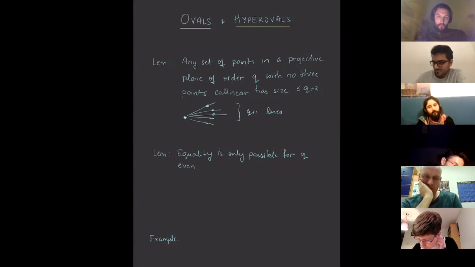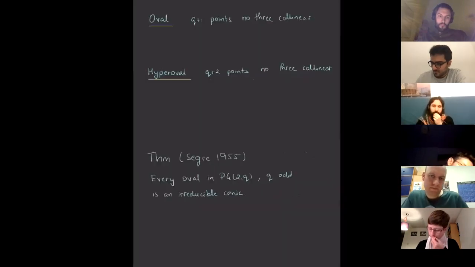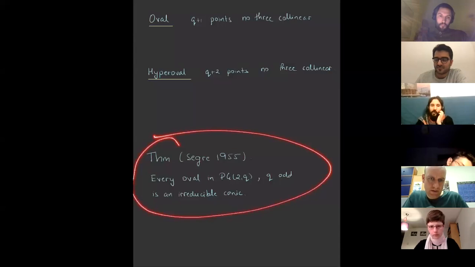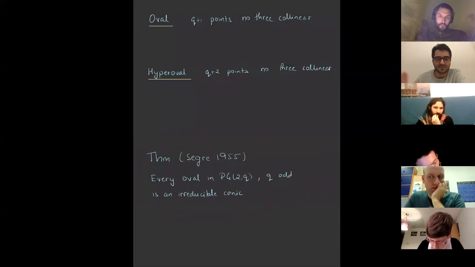Most interestingly, if you take an irreducible conic, you get an example of size q plus 1 in any PG(2,q) with q odd. But there is a beautiful result of Segre from 1955, which I will not prove, and which can be seen as an argument using the so-called polynomial method.